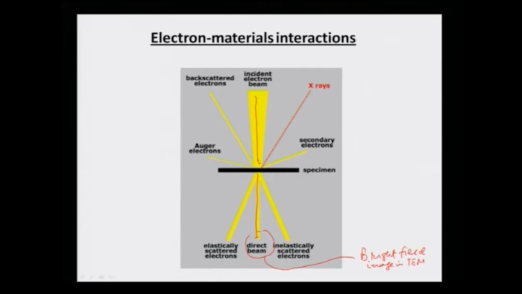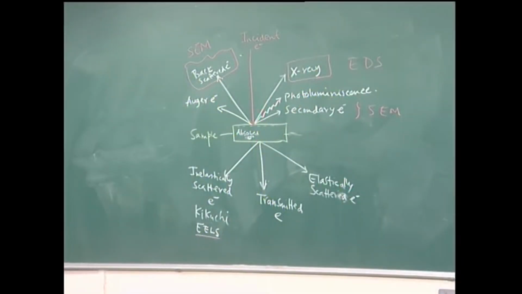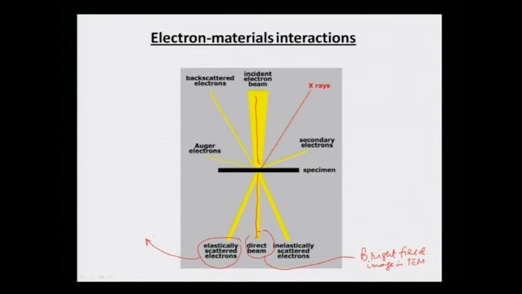On the other hand, elastically scattered electrons, which is shown even on the blackboard, can also be used to form diffraction patterns.